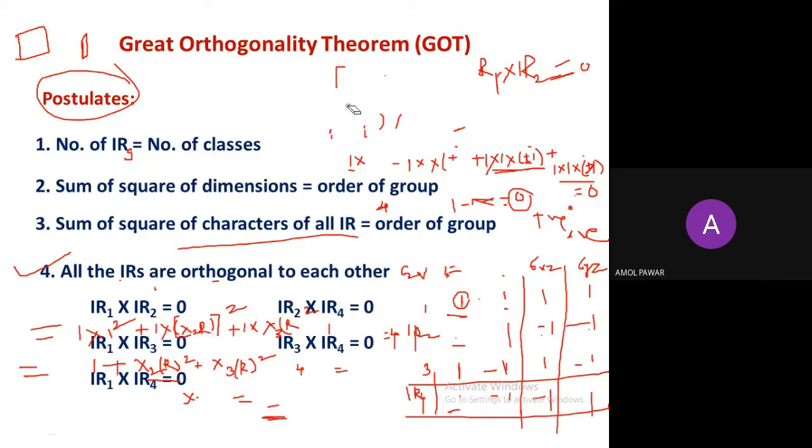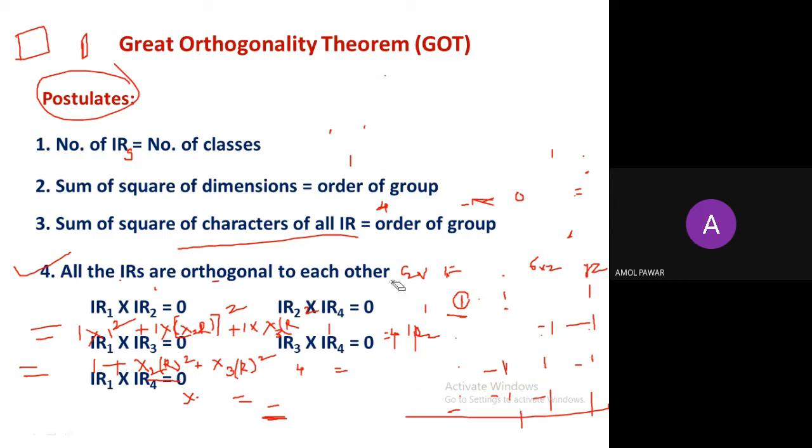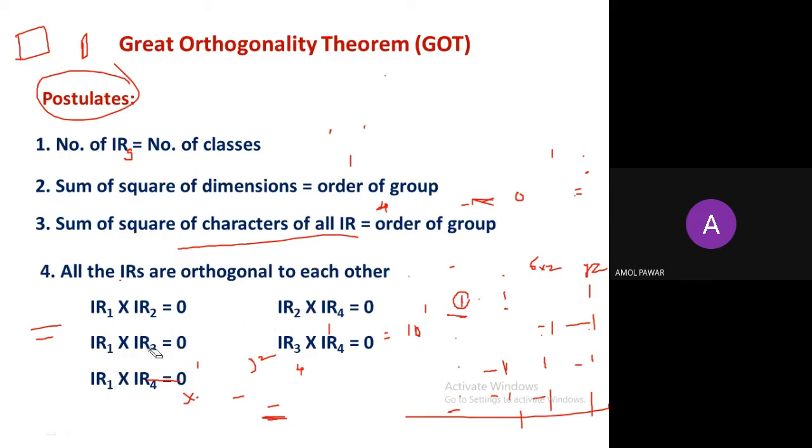Now for the C3V point group, what is the order of the group? Yeah, order is 6 for the C3V point group.